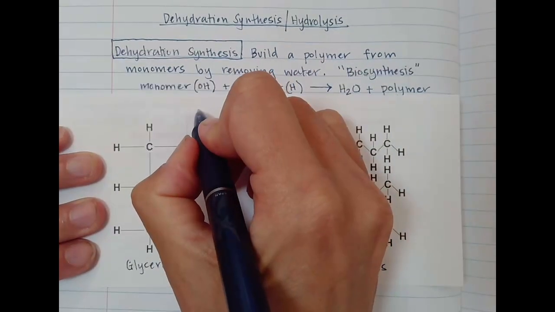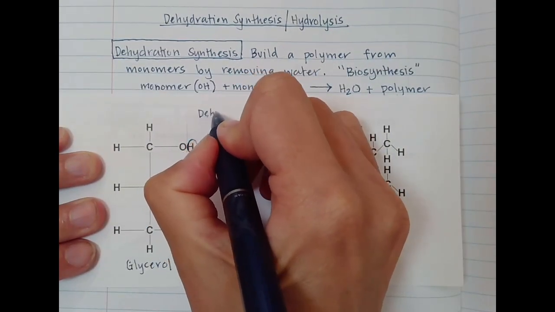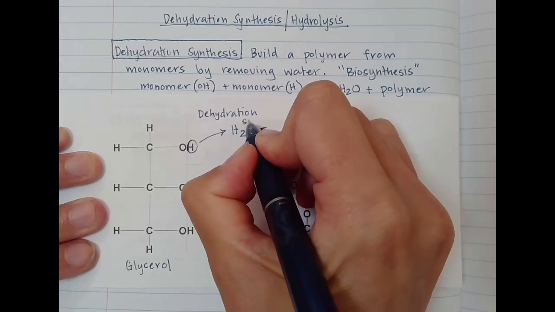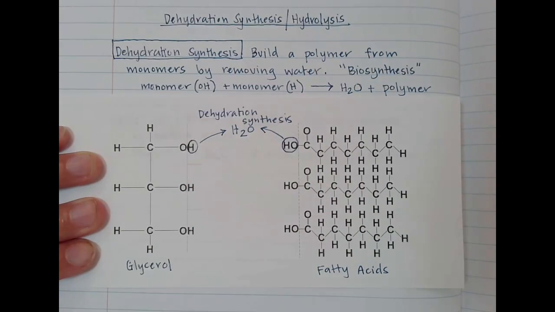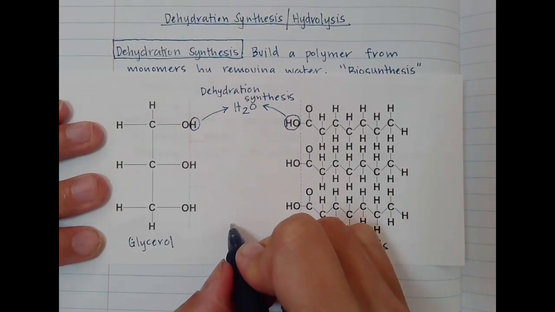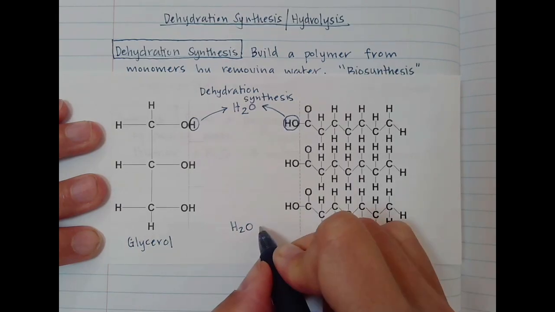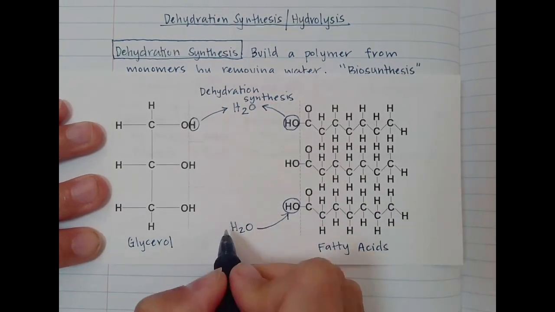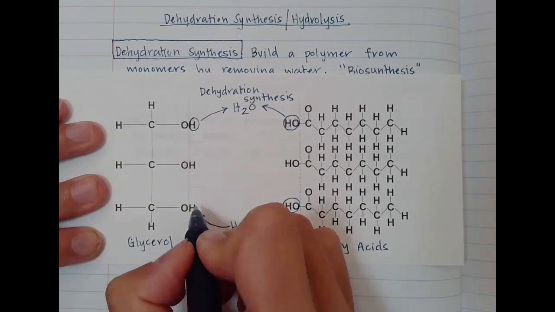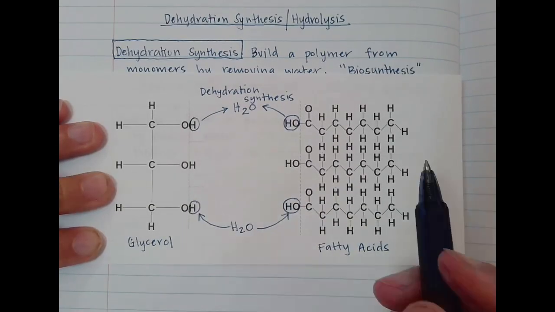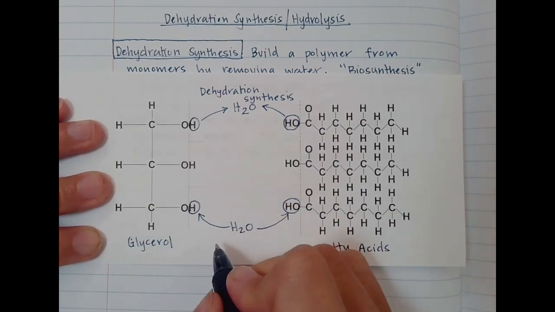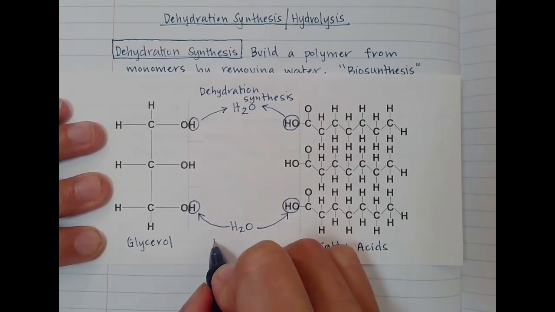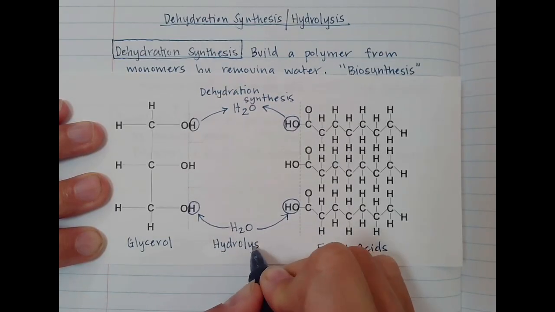And that is going to be dehydration synthesis. But if I go the other way, if I start with water and I shove an OH onto this monomer and an H onto this monomer, then I can actually separate these things. And that would be an example of hydrolysis.